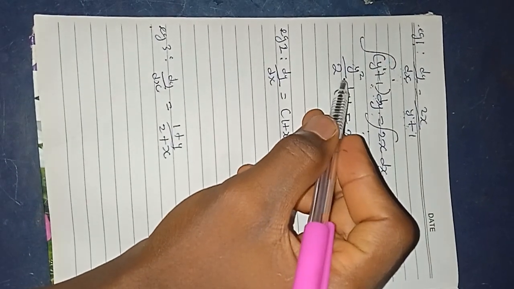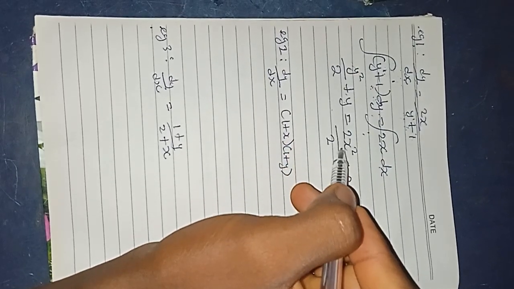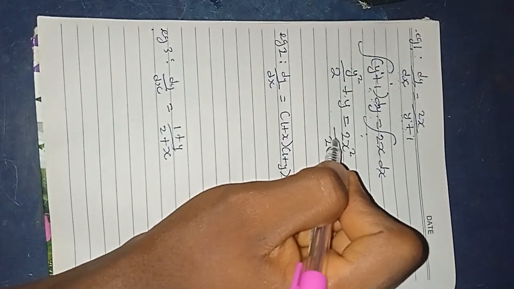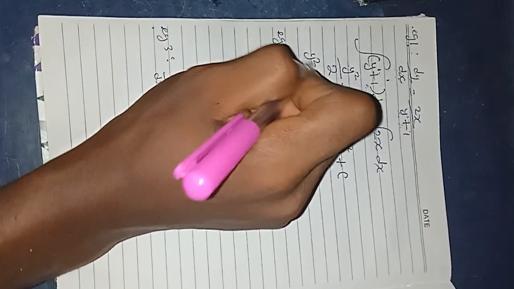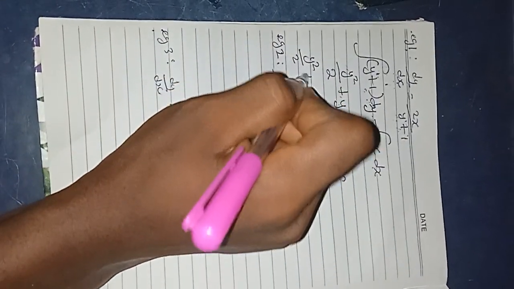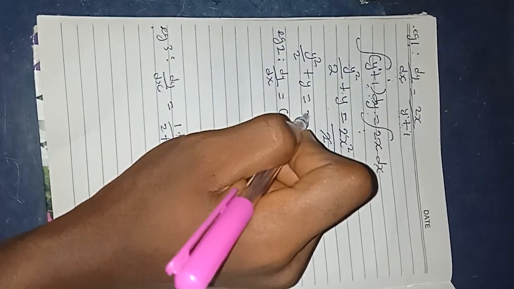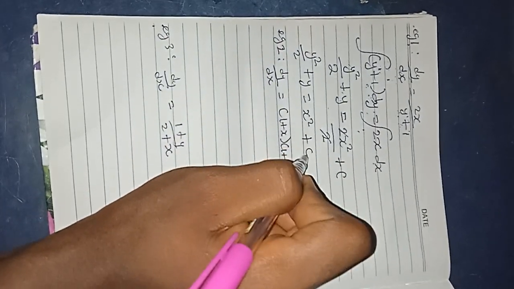So we have y squared over 2 plus y equals 2x squared over 2 plus c. This 2 is going to cancel this 2, so we'll be left with y squared over 2 plus y equals x squared plus c.